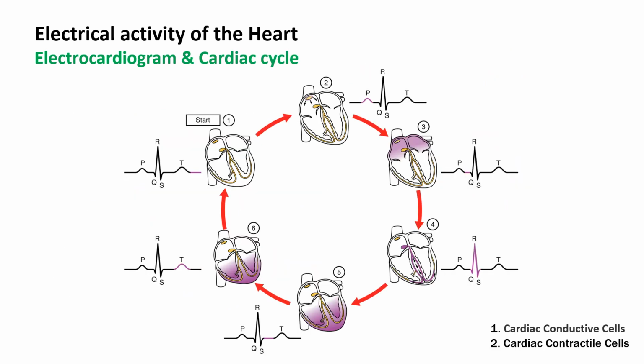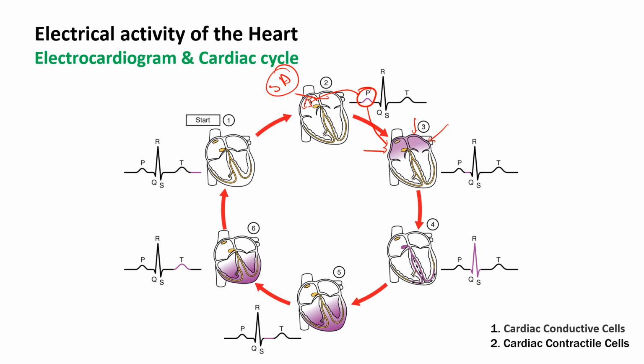Right, so everything starts with the SA node. The SA node fires, and that is what generates the P wave, the depolarization of the atria. Fractions of a second after that, that causes contraction of the atria.